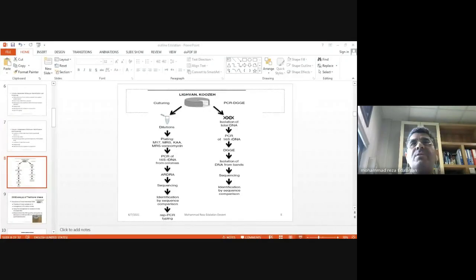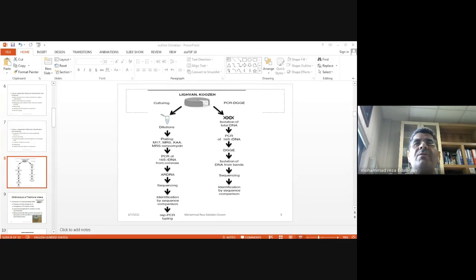But in the second procedure, in the DGGE, we should isolate the total DNA directly from a food sample, such as Lighvan or Koopeh cheese. And here we have, for example, 2 examples from a cheese. So after isolation of total DNA from a food sample, we should perform the PCR of 16S rDNA.